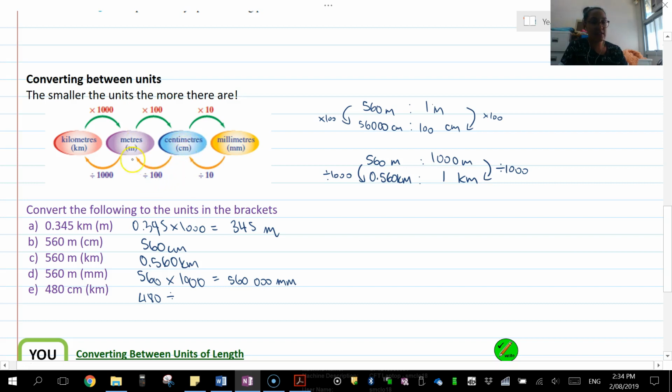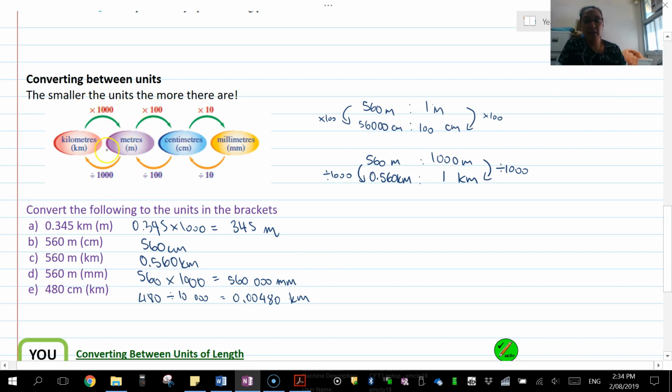I could do that and then take that answer and divide by 1000. Or I can go 1, 2, 3, 4, 5 and divide by 100,000, which is going to give us 0.00. Let's make sure 1, 2, 3, 4, 5. Yep, 480. Where are we? Kilometers. So there are your conversions.